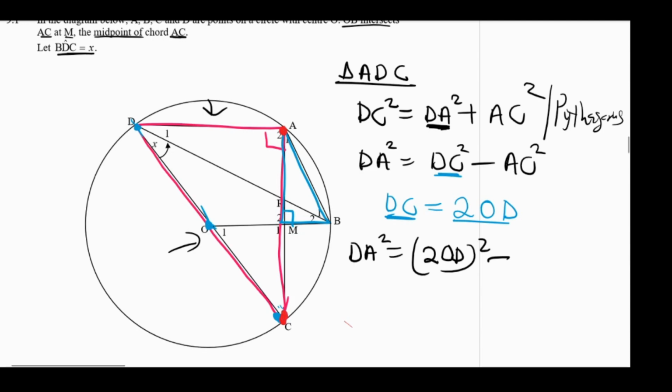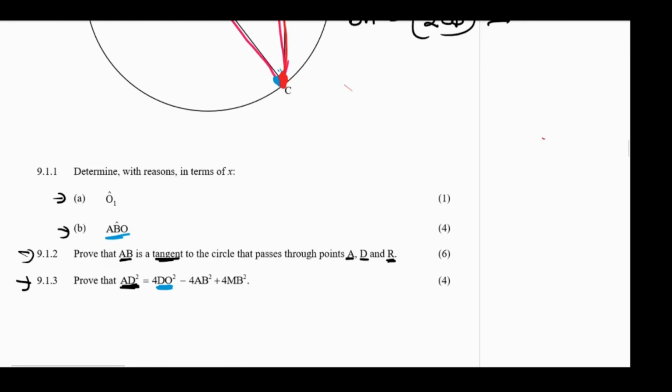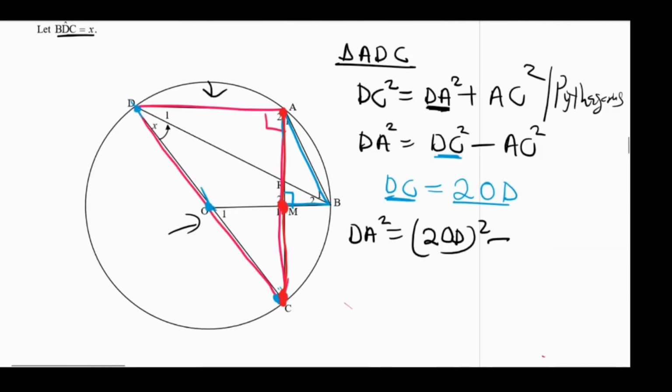But we know that AC is formed by AM, from here to here, and MC, right? And then if we take a look, we only have AB and MB, right? But it's wise to substitute AM because we're still going to use the other triangle. It's just going to be beneficial.